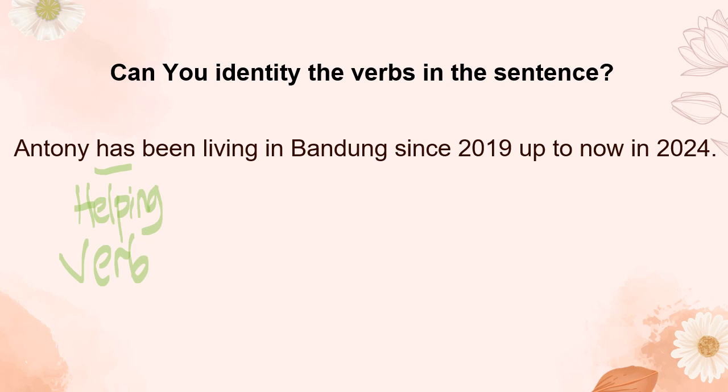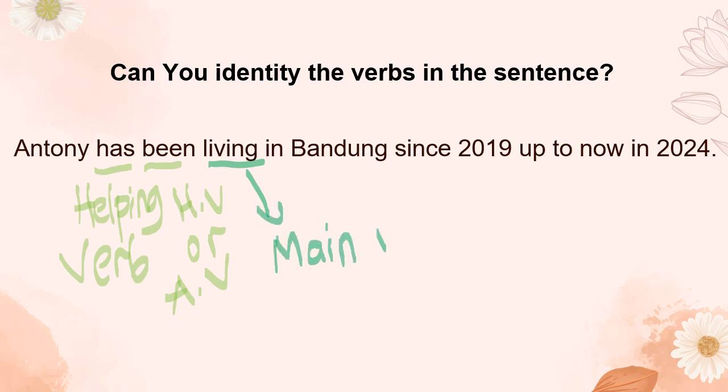Been is the helping verb or auxiliary verb. Living is the main verb, or MV.